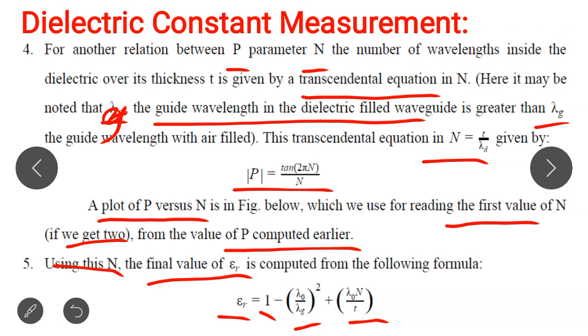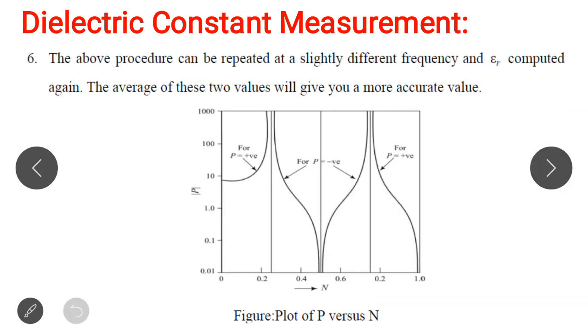Now how to calculate N from this particular plot? This is the plot of P versus N. We have calculated the value of mod P, and from this we are going to find out the value of N. If this is the particular value of P, then we can easily check what the value of N is from this plot.